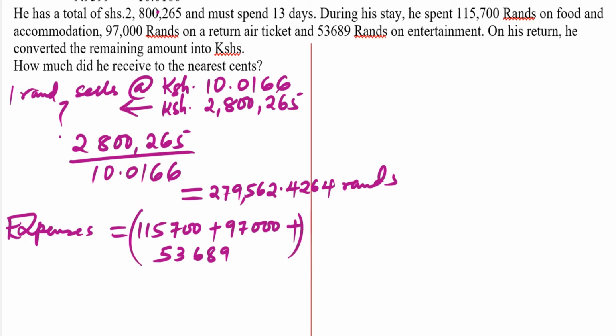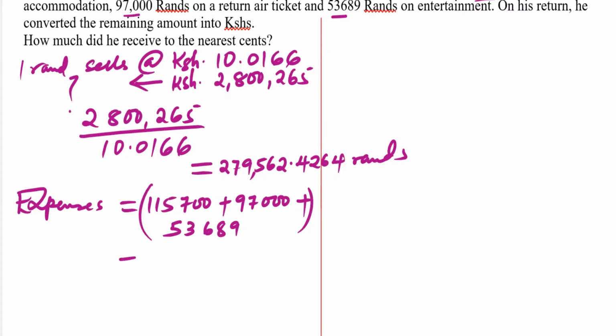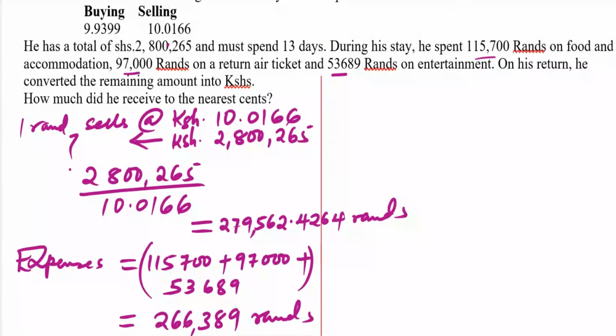So those are the expenses. There are 3 expenses. So adding all these, and they are in rands, we get 266,389 rands. So those are the total expenses.